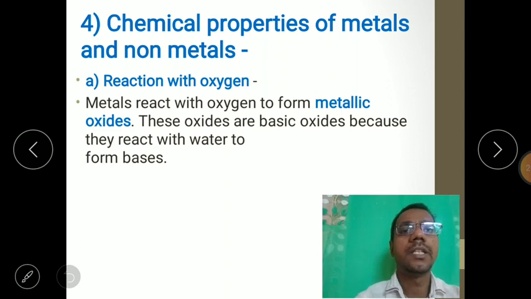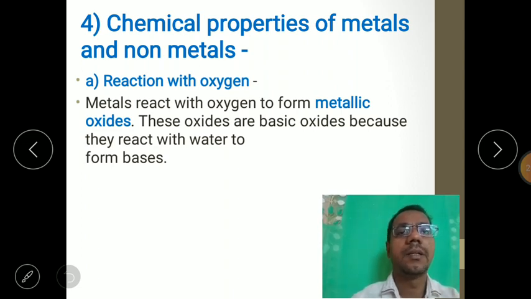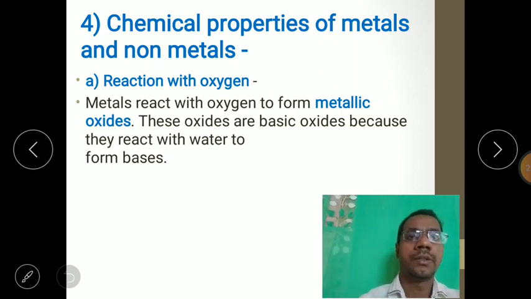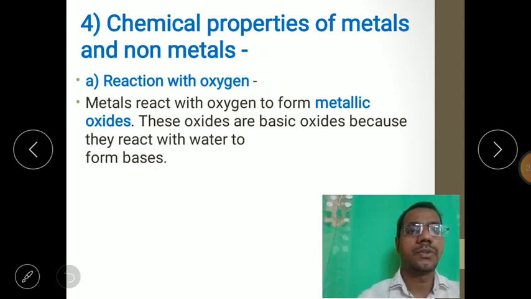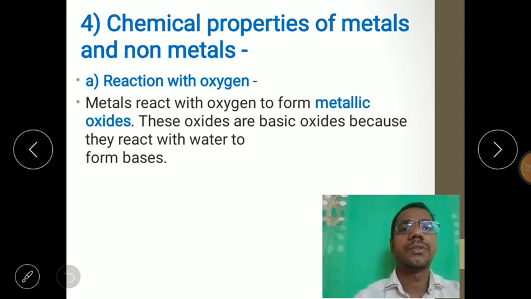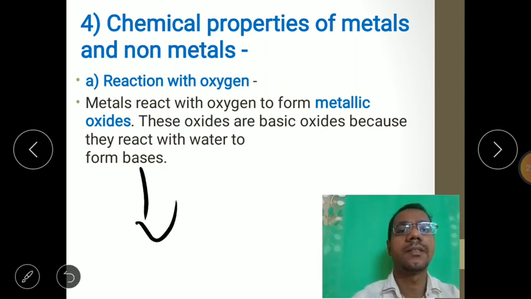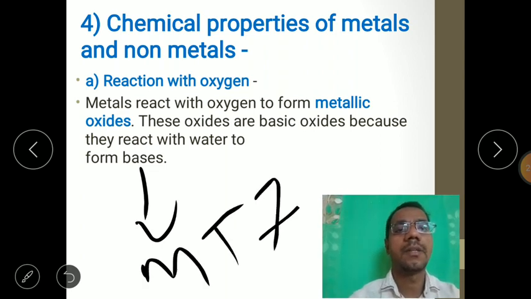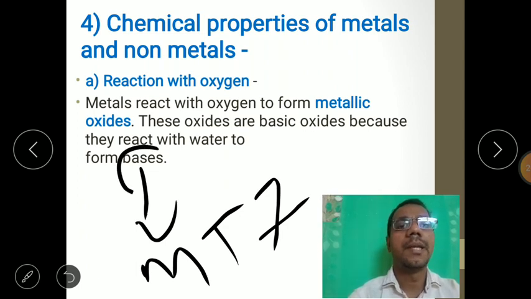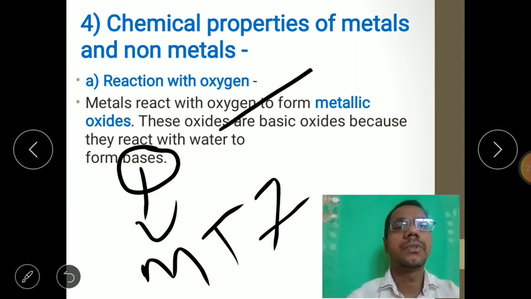So what is meant by the oxide? When metals combine with oxygen, this is called a metallic oxide. And these metallic oxides react with the water to form a base. What is meant by the base? A base is nothing but a compound whose pH is more than 7. Then we can say that the compound is a base. We know that the pH scale is there.